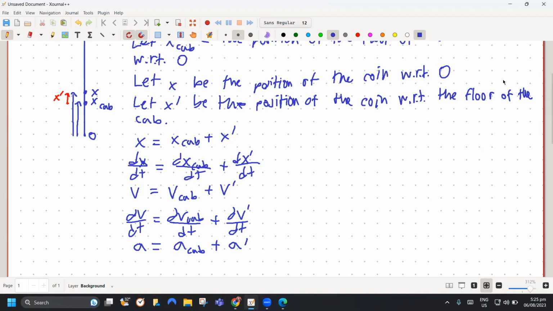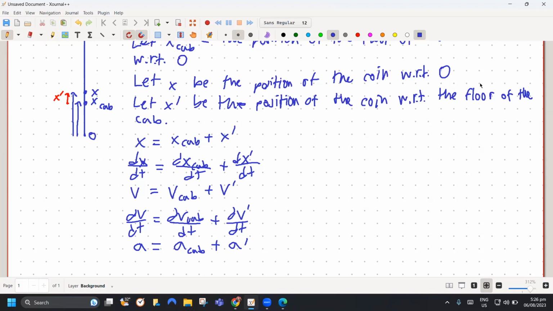okay, so let's interpret. What is x? X is the position with respect to the ground. X prime is the position with respect to the floor of the cab. V is the velocity with respect to the ground. V prime is the velocity with respect to the floor.